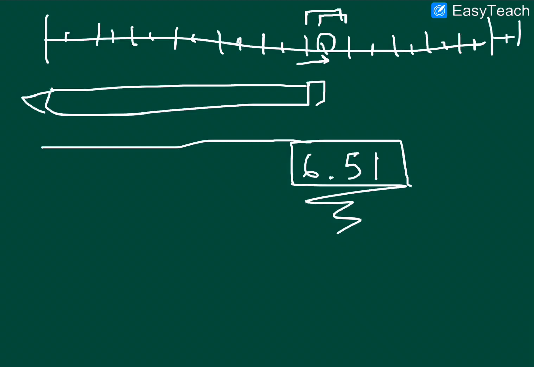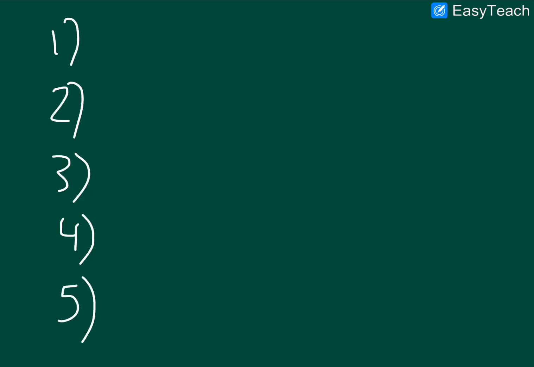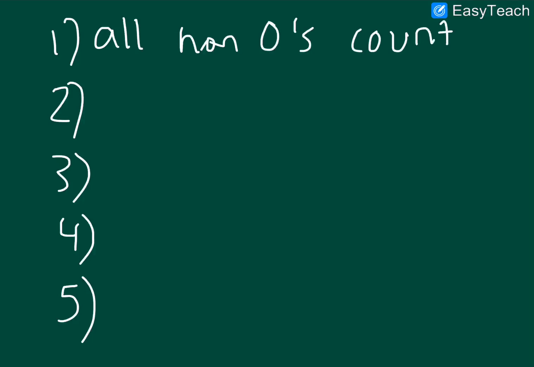So significant figures have 5 rules. 1, 2, 3, 4, 5. So number 1, all non-zeros count as sig figs.